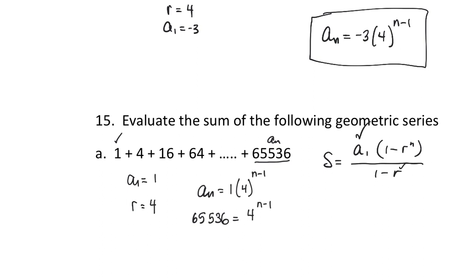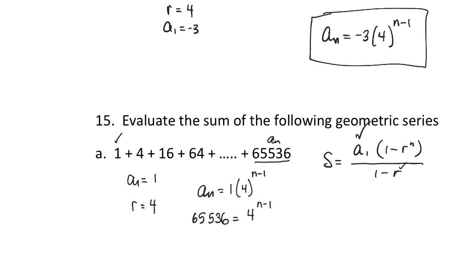Now this is an exponential equation to solve. So what we need to do is cancel this base so that we can get n minus 1 to not be an exponent. So we all know by now what cancels a base is a logarithm. So we're going to use a logarithm on both sides.